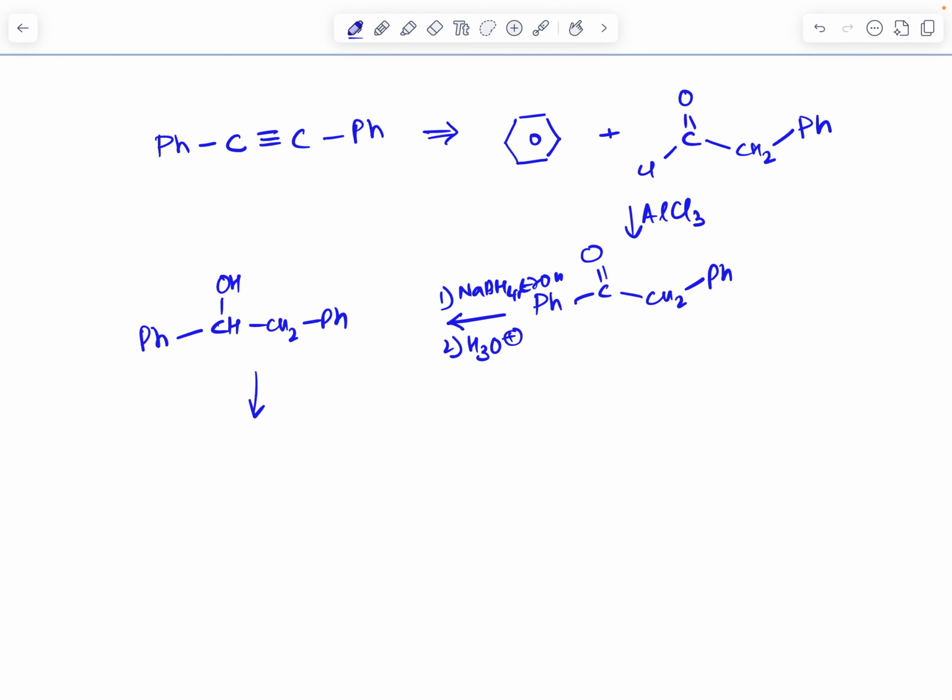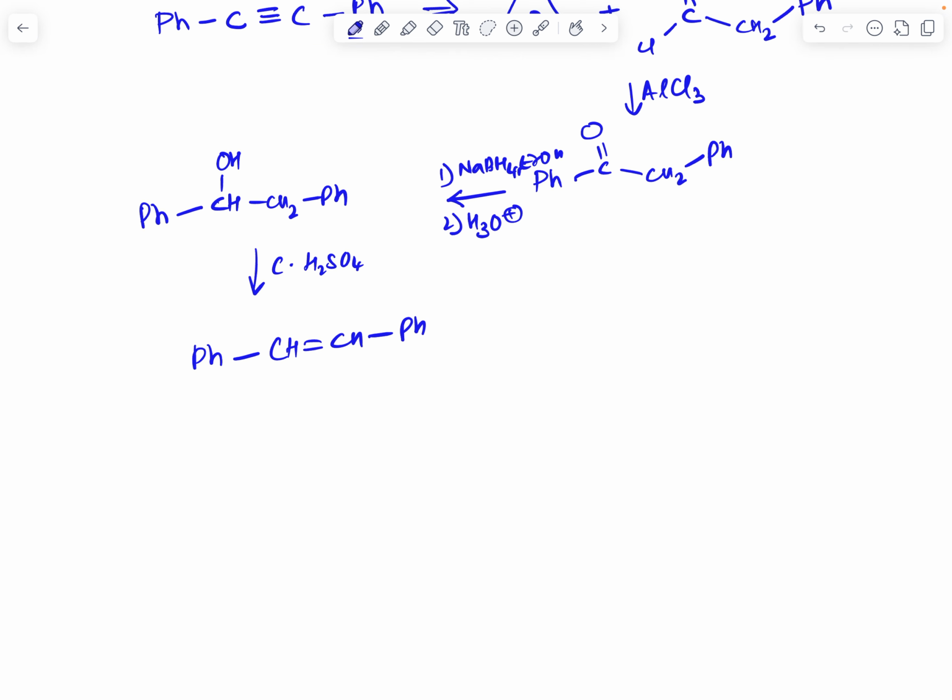And now I'm going to dehydrate this. So if I dehydrate this, I can just use a strong acid, concentrated H2SO4. And then that's going to give me PhCH double bond CHPh. Okay. At this point in time, to get that specific stereochemistry I was talking about, I'm going to go ahead and add bromine.